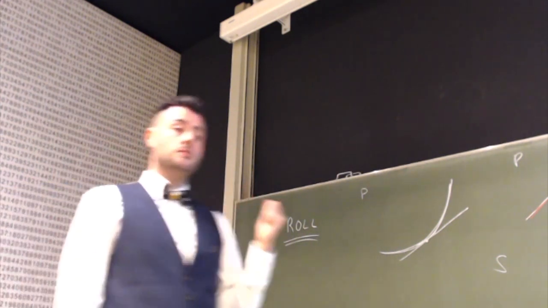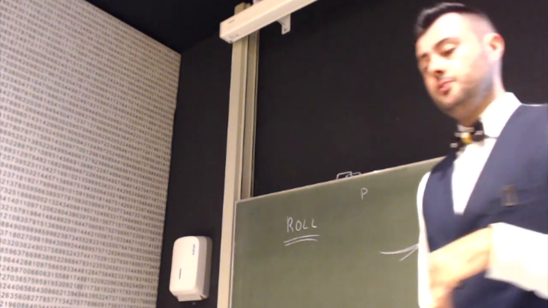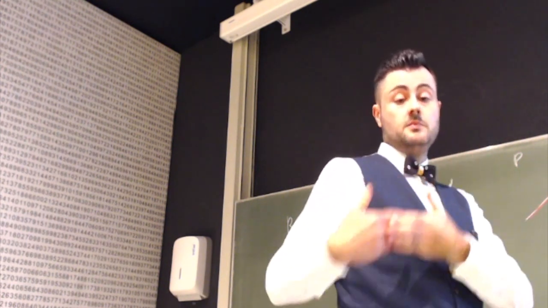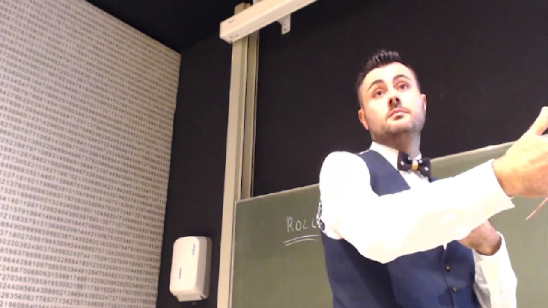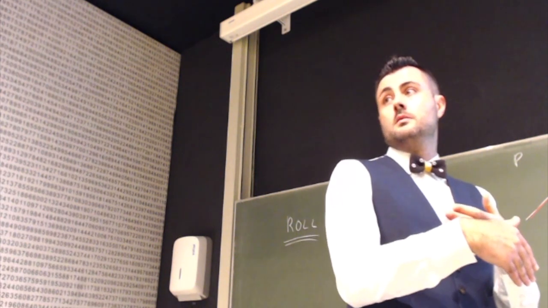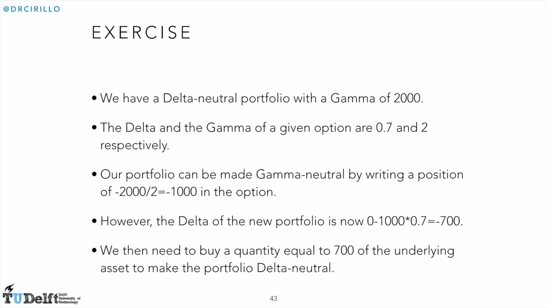What should I do to have a portfolio that is gamma neutral and delta neutral? At this point, I have to intervene on the delta. In order to make my delta 0, I have to add 700 units of what? Of the underlying asset. Okay? I have a portfolio that is delta neutral. I have to make it gamma neutral. I play with an option.